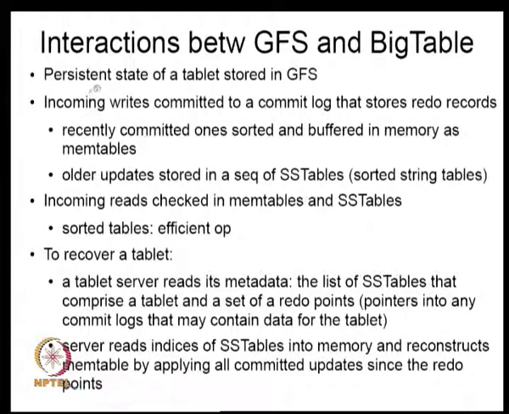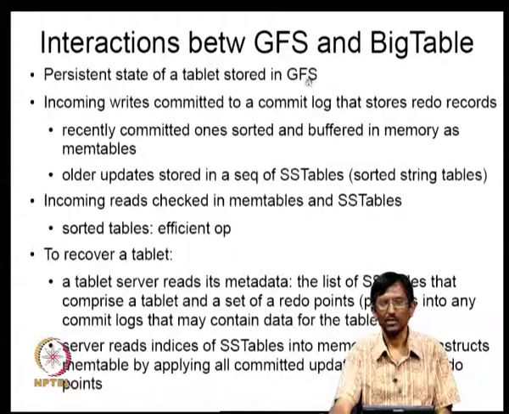The important thing to remember is that the persistent state of a tablet is stored in GFS. Basically, when writes come in, you commit to a commit log, and the ones which get committed are sorted and buffered in memory, and those sorted and buffered records are called mem tables. So, all this stuff is in memory.